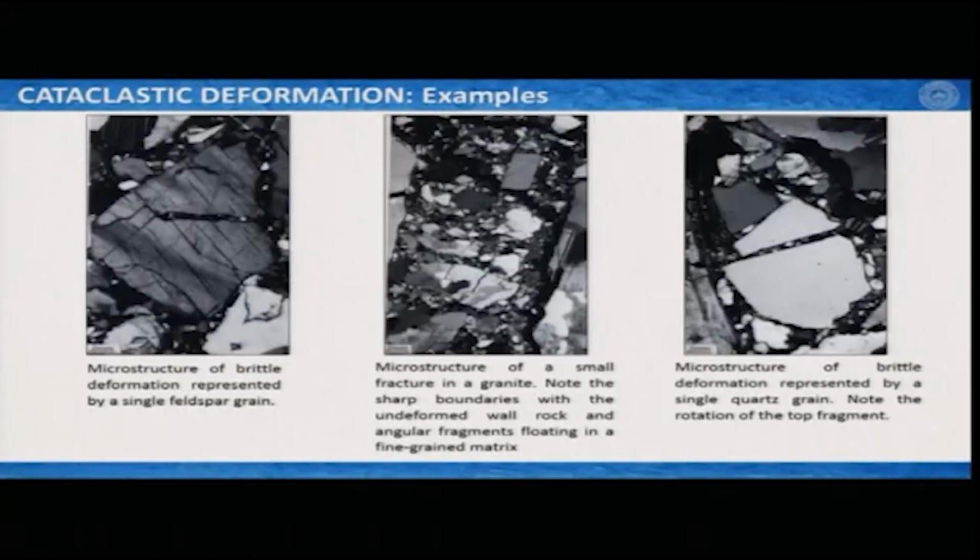Now, here I try to give you some examples. When you look at thin sections under optical microscopes, you can get some idea that you are looking at cataclastic deformation. So, this is a single feldspar grain, as you can see here.